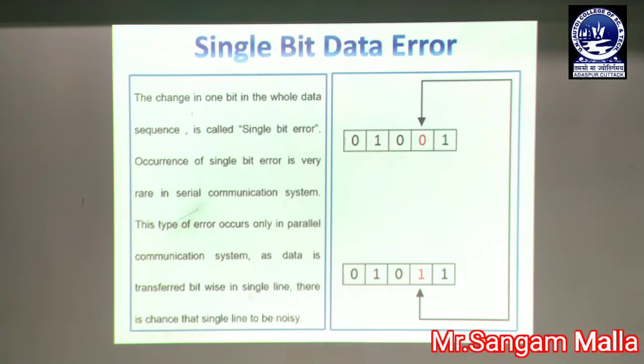So whenever the sequence of bits is being transferred, there is a large chance that the single line will have congestion or noise while transferring the sequence of data from the source to the destination. So there are a lot of chances that the parallel communication system will have a lot of single bit data errors.